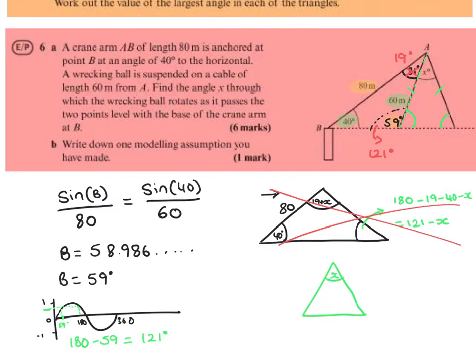then x is going to be, this is 121, so this must be 59 degrees, remember? Because 121 plus 59 are angles on a straight line. This will be 59 degrees. 59 plus 59 is 118, okay? So x equals 42 degrees.